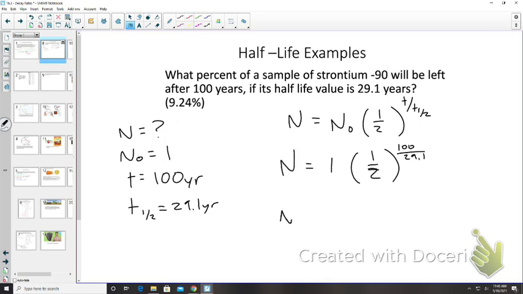Punch those into your calculator. You'll get a value of 0.09237. So this tells us that we have 9/100ths of our sample left, but we want this as a percent, so let's just multiply that by 100. We're going to get 9.24% remaining.